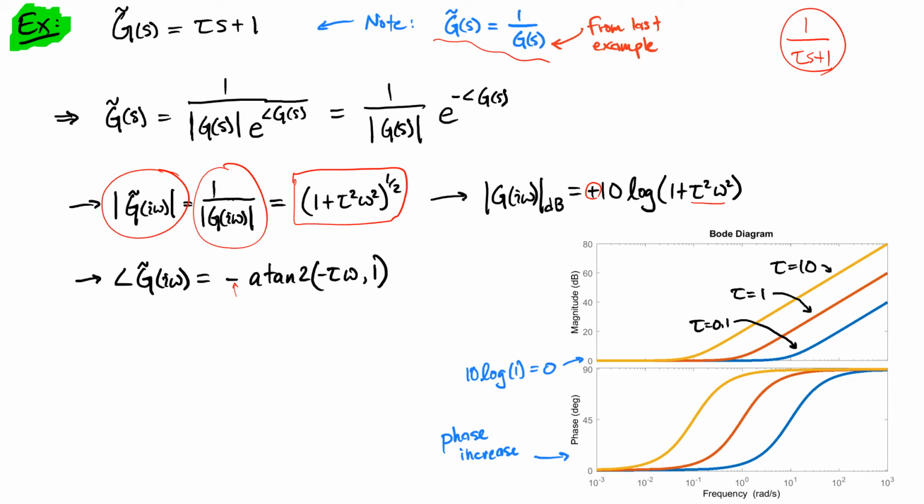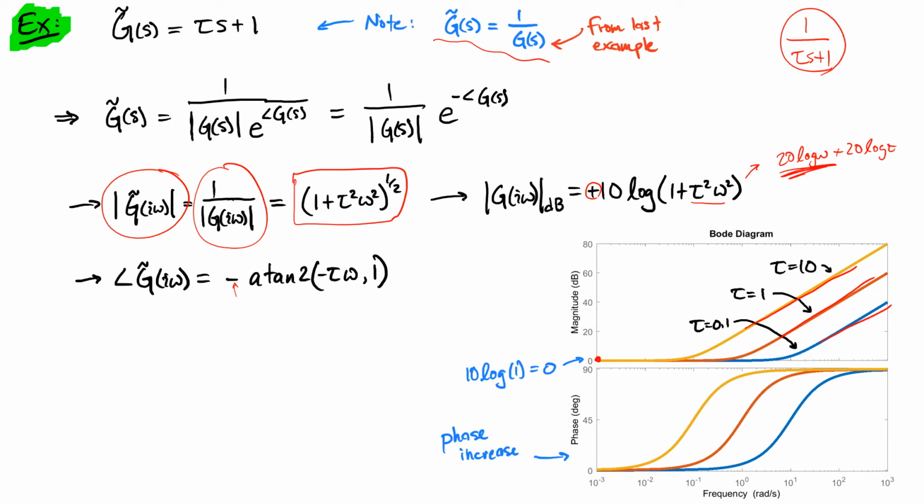At large values of omega, we go through the same algebra to get the fact that this goes like 20 log omega plus 20 log tau. The important part here is this bit, and now it's going at plus 20 dB per decade. And so that's why these are now positive slopes for all of these different large omega values.